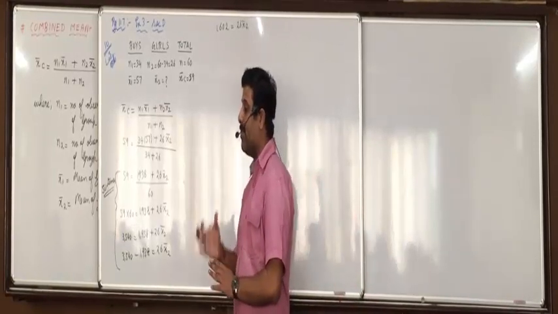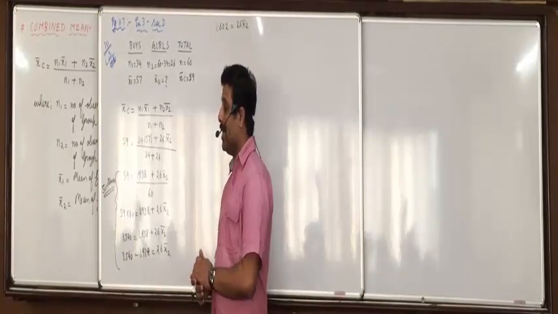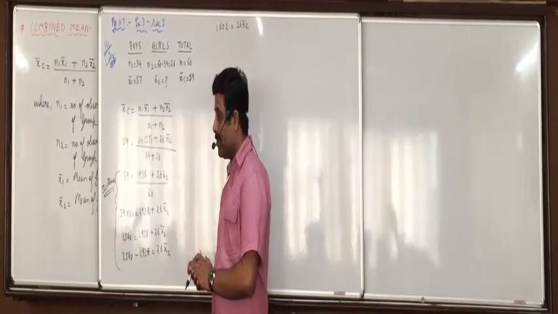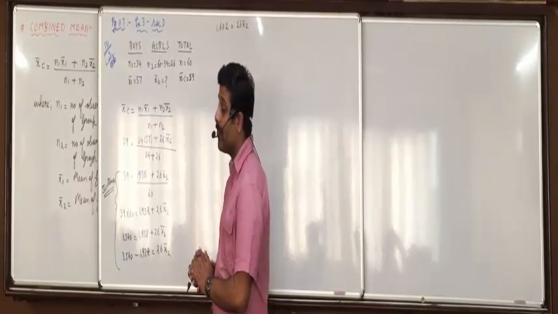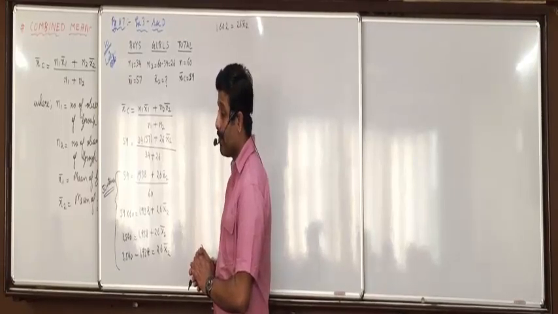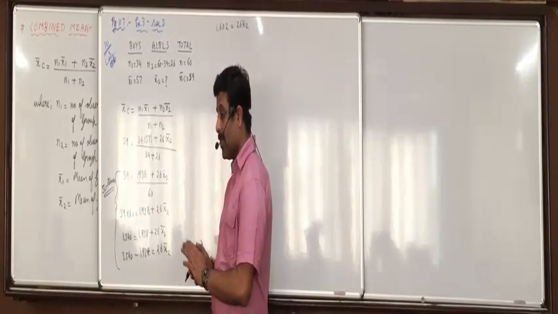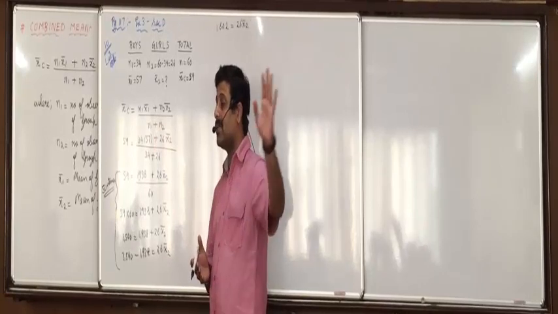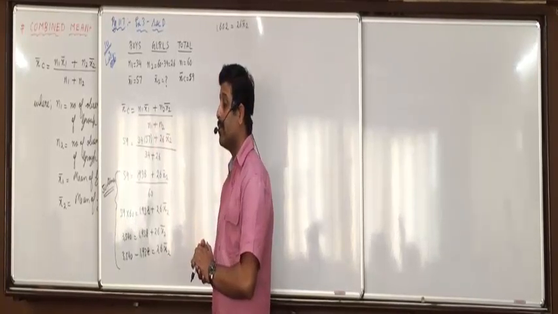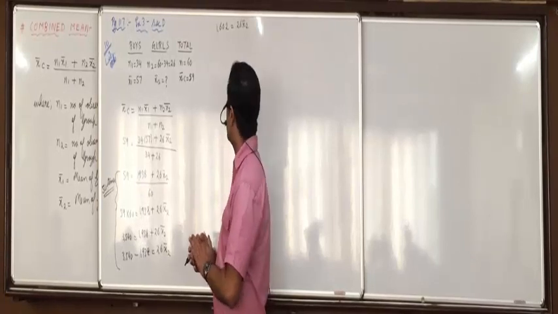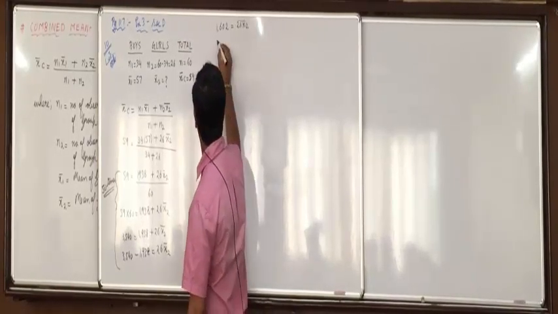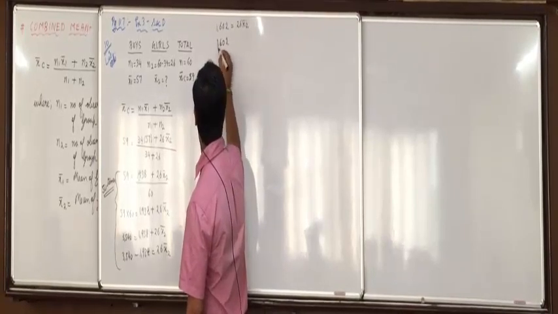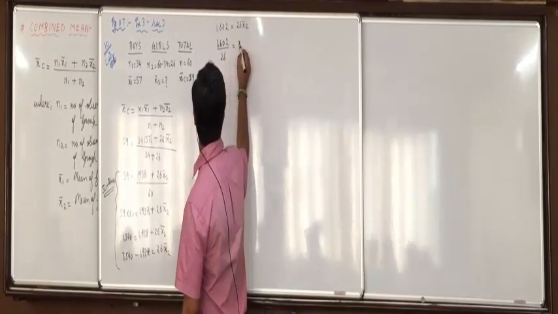There is not something which can be forgotten. A to Z, you remember? Very good. So X2 bar: 1602 divided by 26 equals X2 bar.